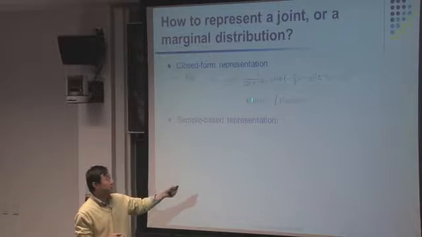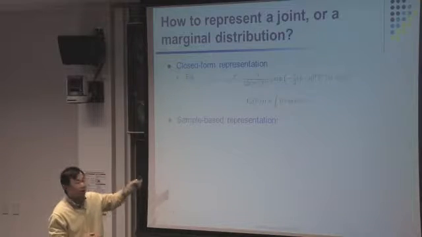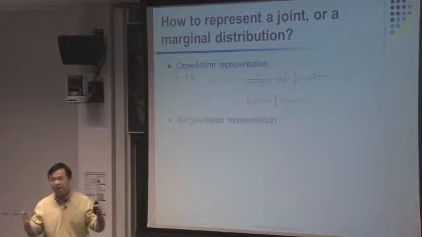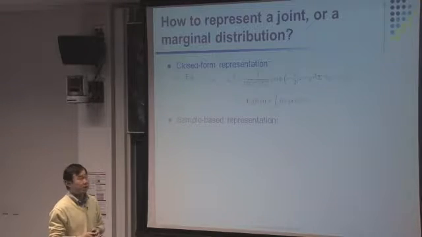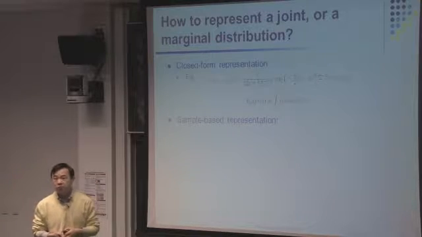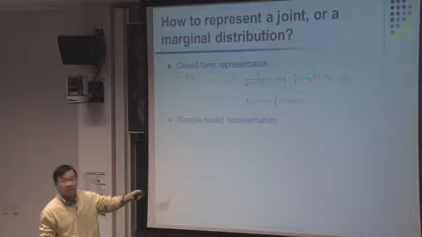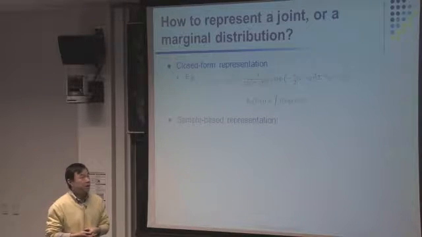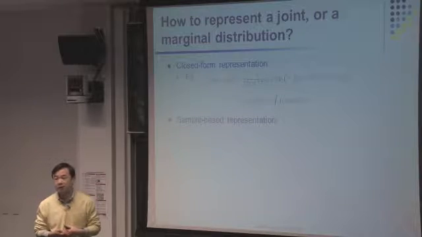So here I suggest one example. For example, you have this maybe complicated distribution, which is a multivariate Gaussian. It might be simple at first sight, but let's pretend it to be very complicated. And the reason we want to have a distribution like this, in this case it's very nice, it is a closed form expression, is that we may want to use it to compute certain values from that.